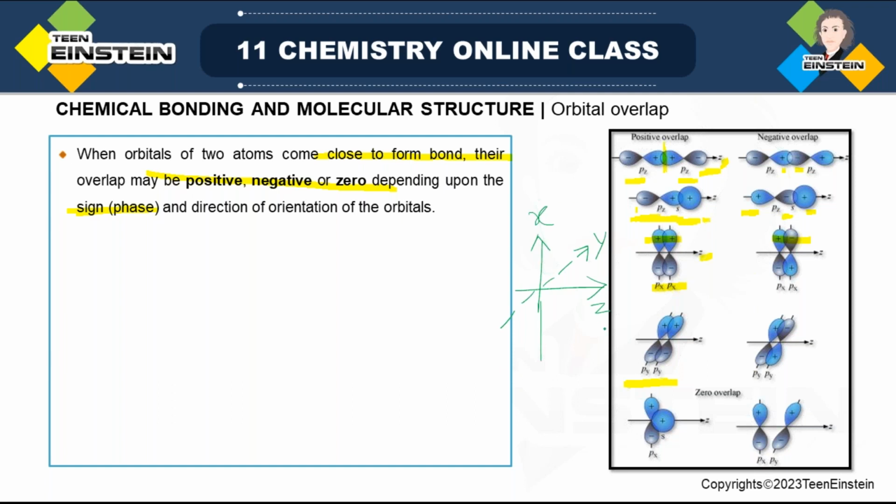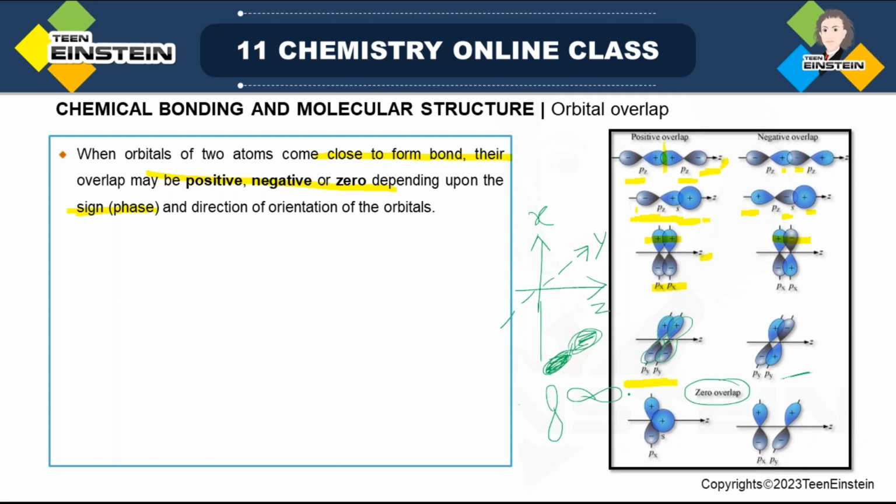This is far away from us, so that is why it is drawn in this way. It is not exactly vertical, it is like this. Px will be exactly vertical, Pz exactly horizontal, but Py will be like this. But it is the same phase sign, so it is positive, and another possibility is negative.